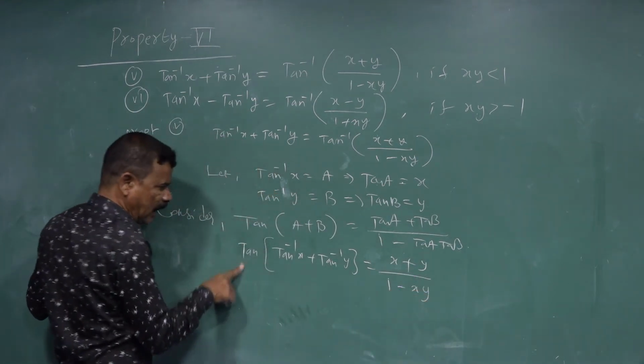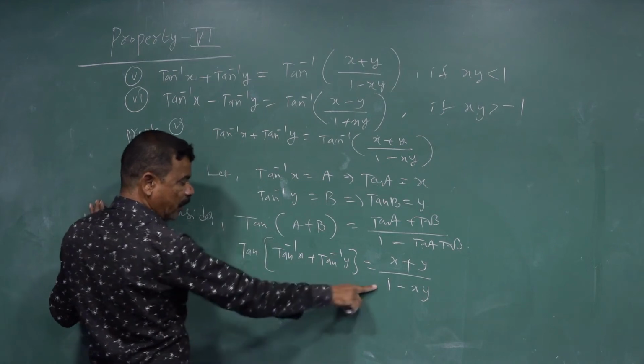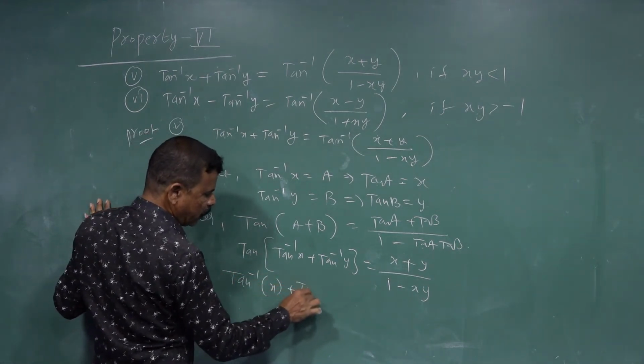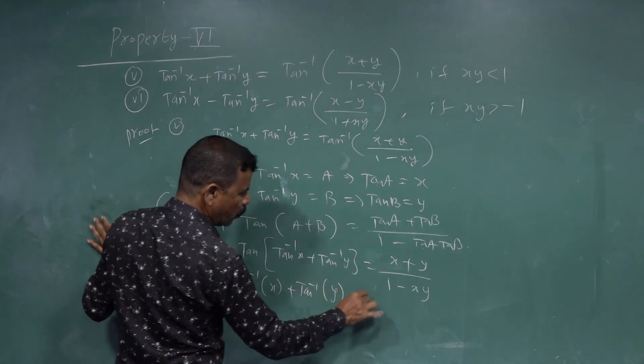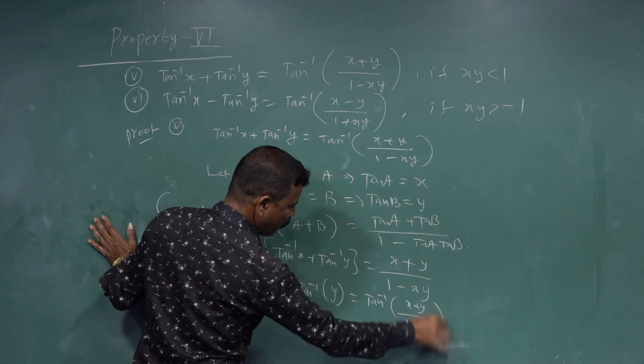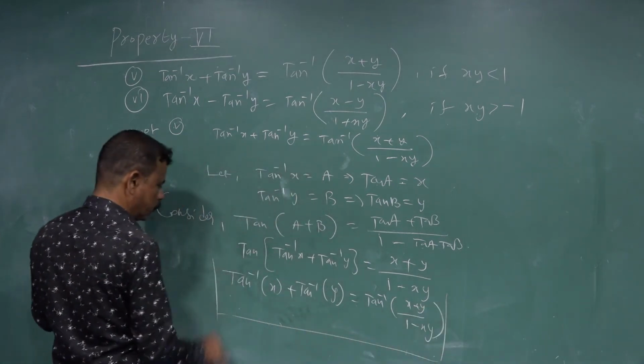We remove the tan here and send it to the right side, so tan inverse comes. Tan inverse of x plus tan inverse of y is equal to tan inverse of (x plus y) by (1 minus xy). That is the formula.